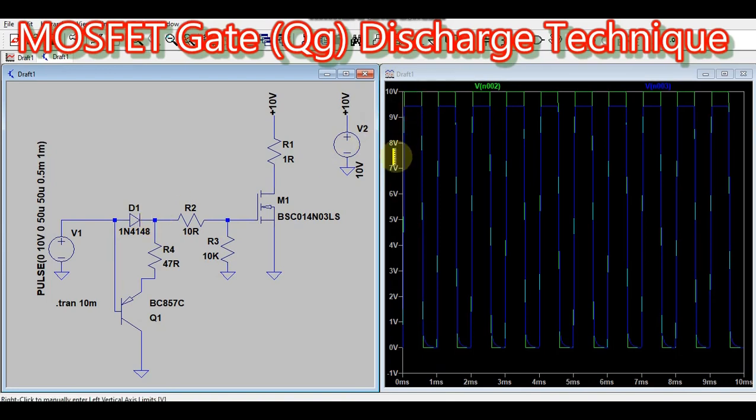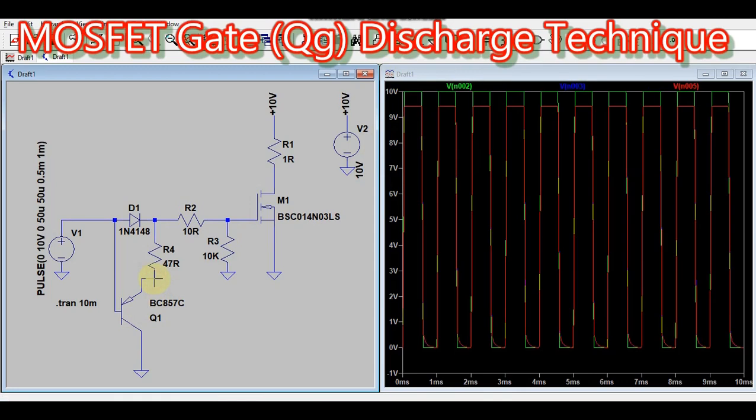This is the on time, which means during this time your MOSFET gets turned on and your input capacitance gets charged, right? And as soon as this pulse is at the falling edge, this Q1 gets turned on. If you check it here, this Q1 gets turned on.